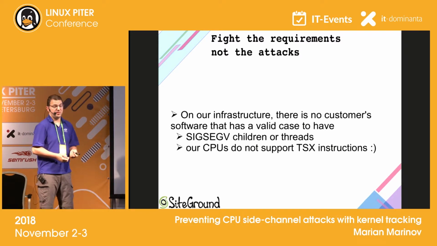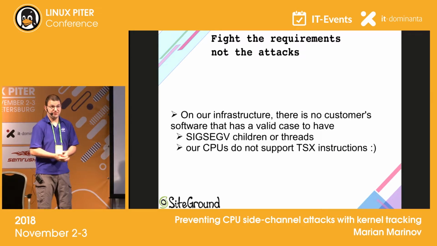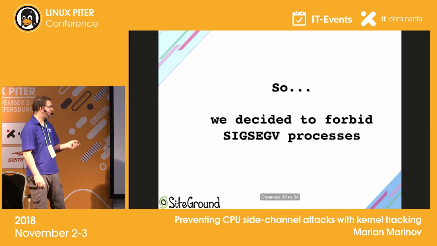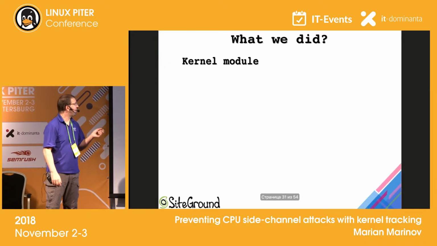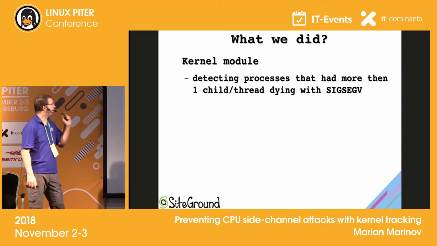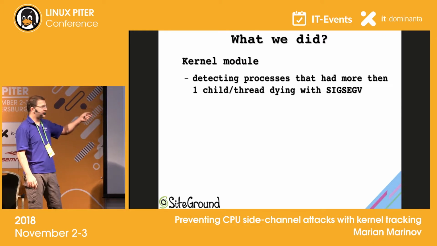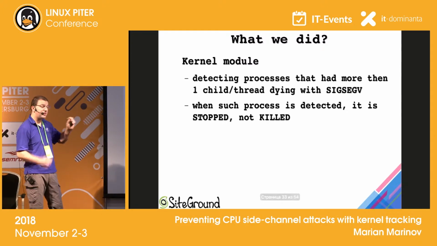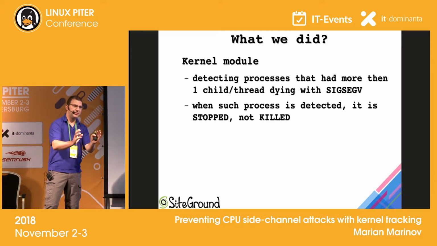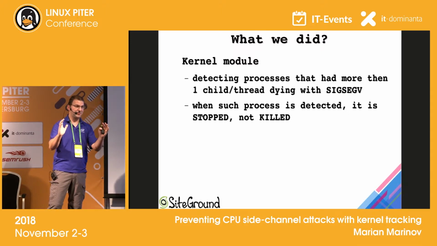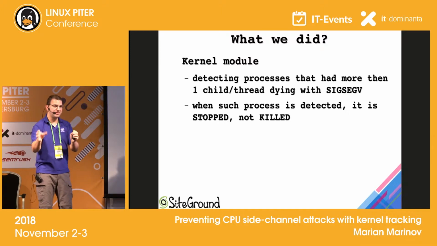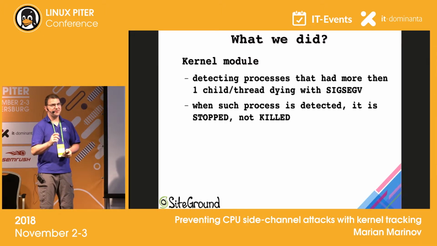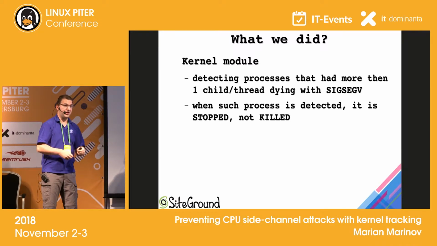And we decided, okay, we will stop each process that is segmentation faulting. Every time, we first detect that there is a dying segmentation fault, and then we stop it. We don't kill it, we stop it. This means pausing the process, which is quite nice because the attack cannot continue. However, the attacker may decide, okay, if my process is stopped, I'll continue it.